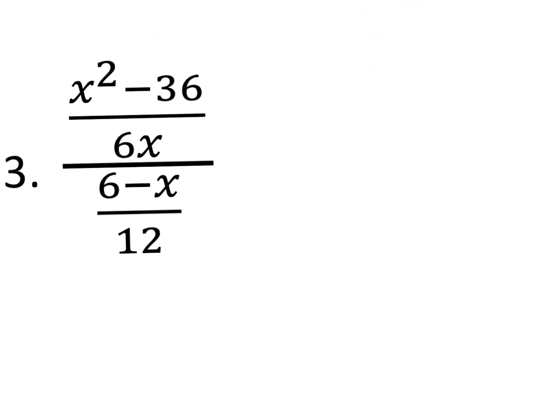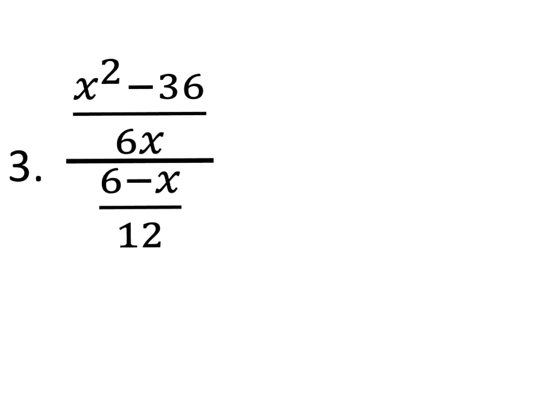Number 3 is a little bit more challenging, just slightly, because you could actually factor this numerator right here. There's a difference of 2 squares. You could use square roots, or you could simply think what times what is -36, that if you combine together is the middle value, which in this case is nothing, right? So let's factor this guy. And what belongs in those parentheses?